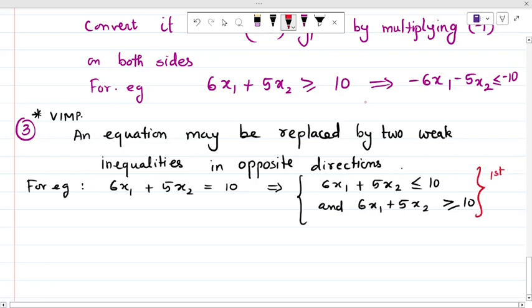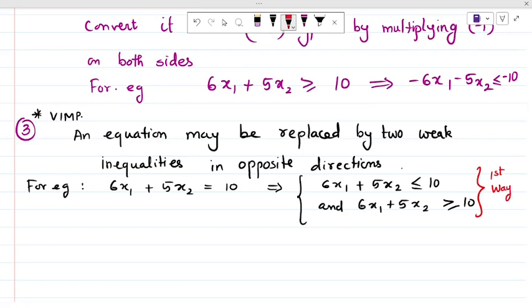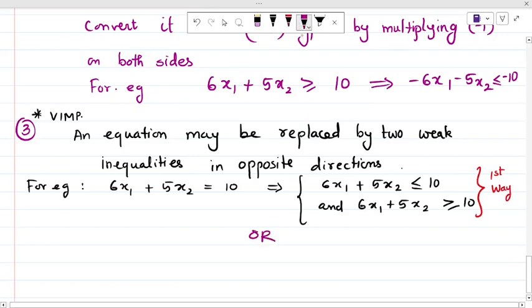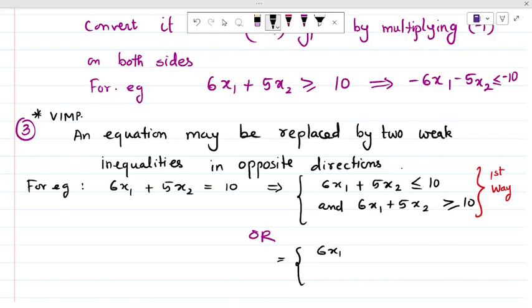Or we can say this can be done as 6x1 plus 5x2 less than or equal to 10, and minus 6x1 minus 5x2 less than or equal to minus 10.